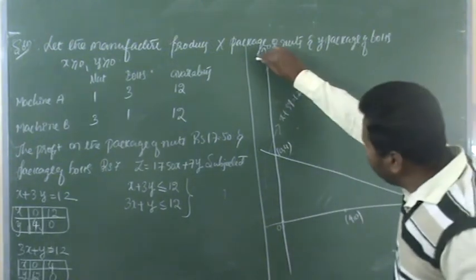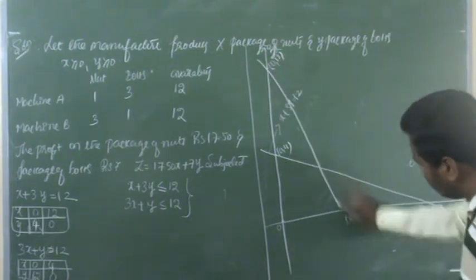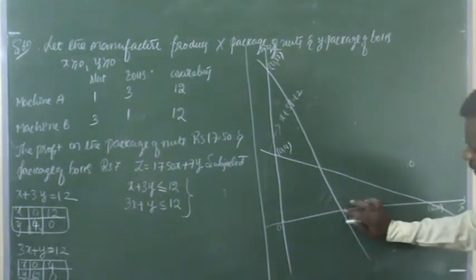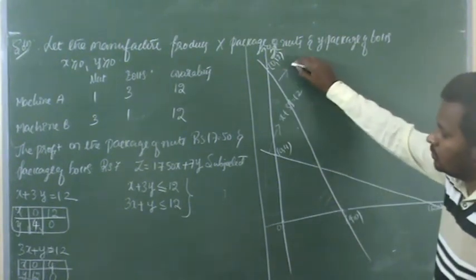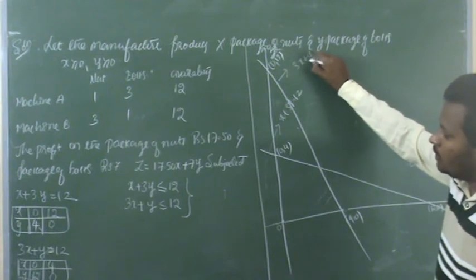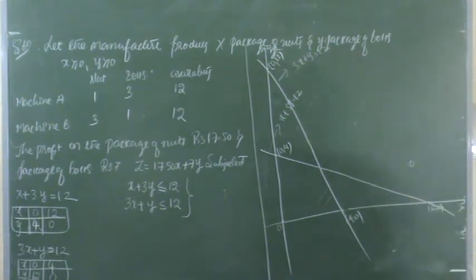Joining these gives the line 3x plus y equals 12.